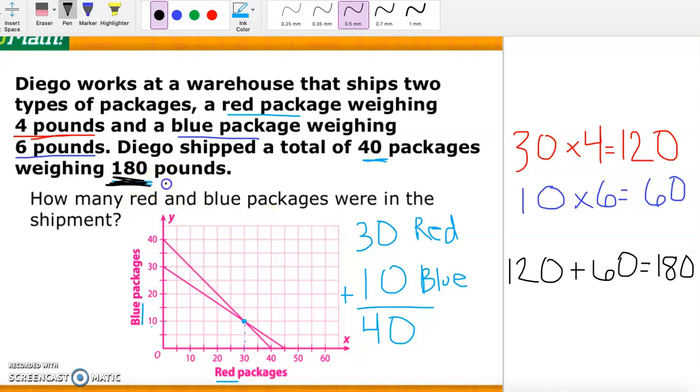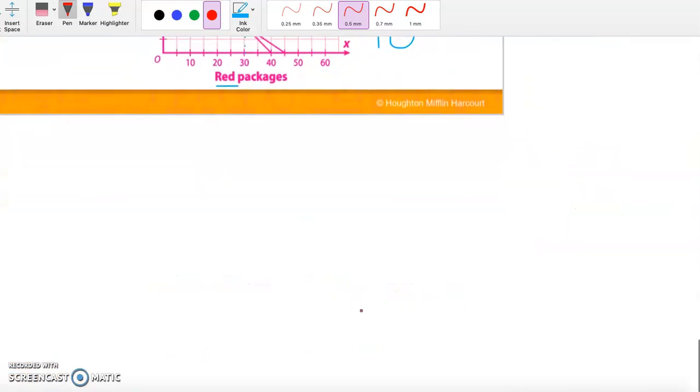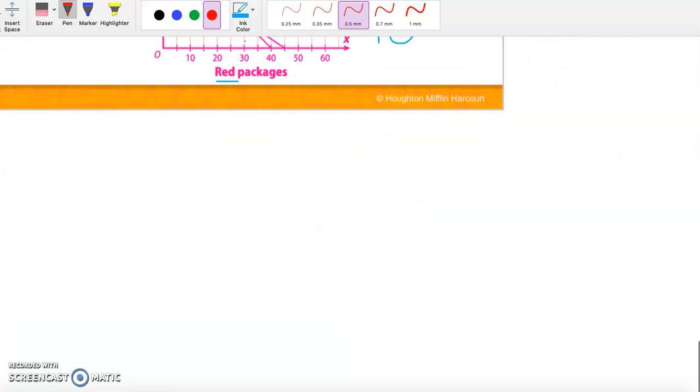And yes, that also checks out. So both facts check. So that's how I know, yes, he shipped 30 red and 10 blue packages. Whew. And all we had to do was just look at this little dot right here, this little coordinate point, and we're done. So that is it for today's lesson.